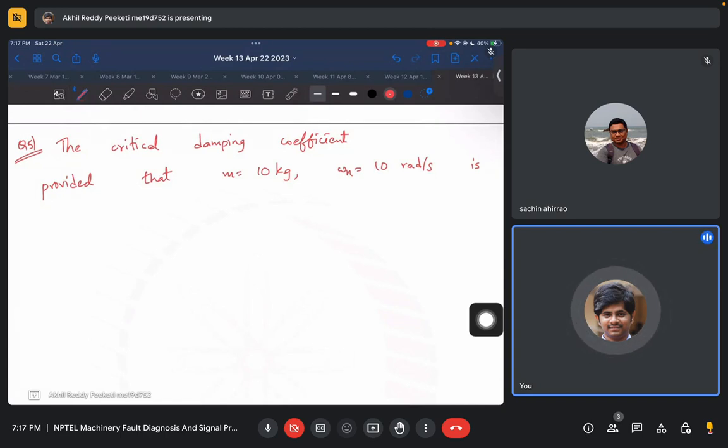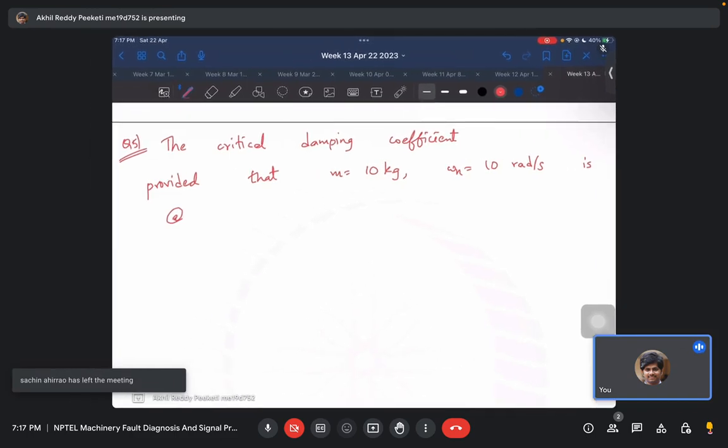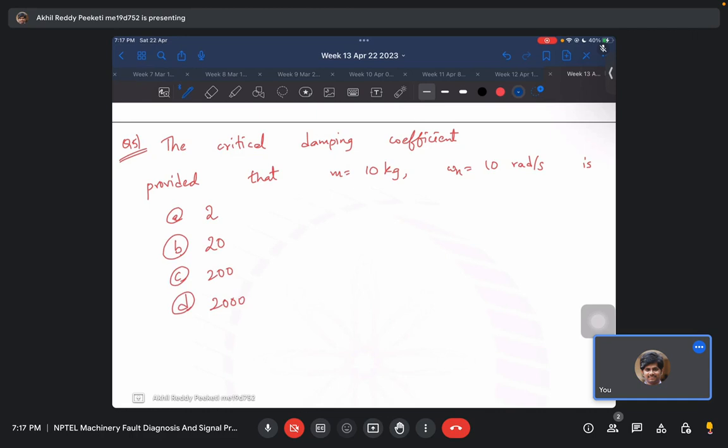So you have to find the critical damping coefficient; the mass is given and the natural frequency is given. So what will be the critical damping coefficient when you know only the mass and the natural frequency?